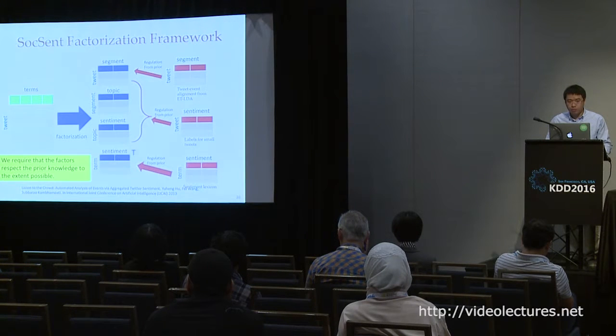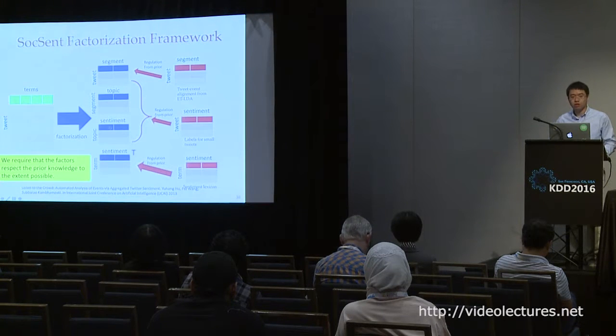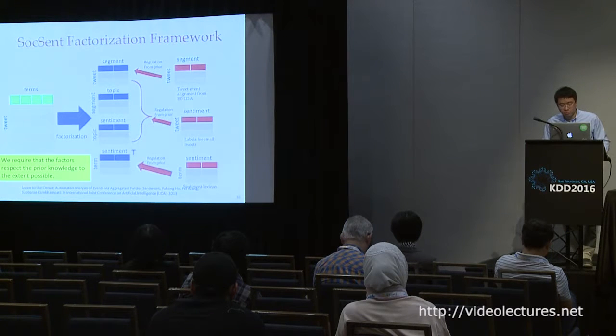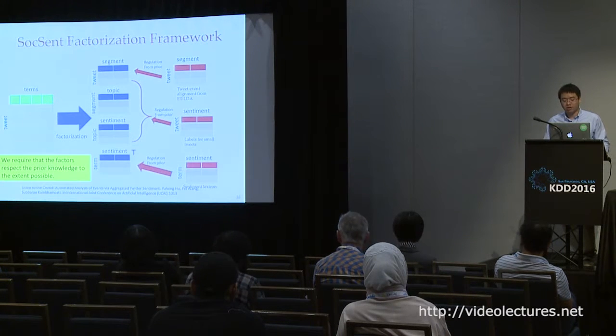If you multiply these 3 factors together, the tweet-segment, segment-topic, and topic-sentiment matrices, you will get a tweet-sentiment matrix. To regularize this, we obtained a few tweets labeled by graduate students in our department and treated that as prior knowledge to regularize these 3 matrices.